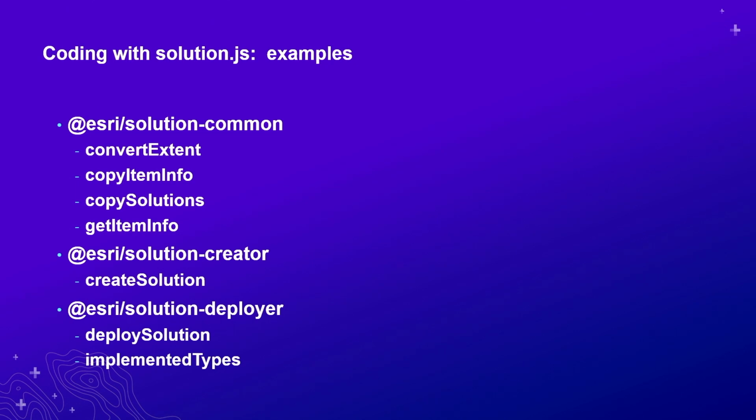For a web mapping application, use this portion of code. And if there's an item type that it does not have a definition of code for, implemented types will not show it. So it gives you a rough sense of what is usable at any given time in a solution item. In general, you'll find just about all file types will be included because it's kind of a simple capability. If you have a binary payload, it's just handled much the same way.